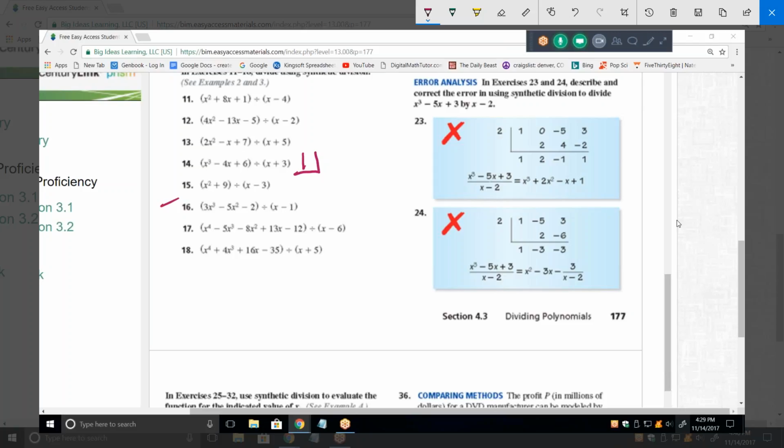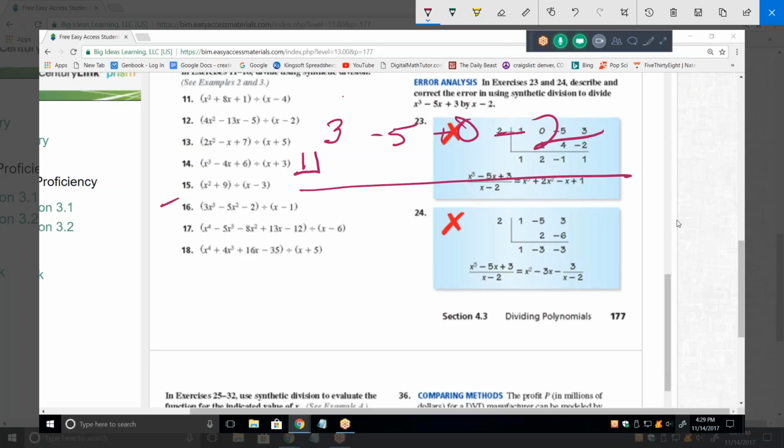But what goes across the top? So, 3, and then -5. Oop, wait. Yeah, -5. And then 0, and then -2. Now, it'd be useful if I knew that that was 3x cubed.